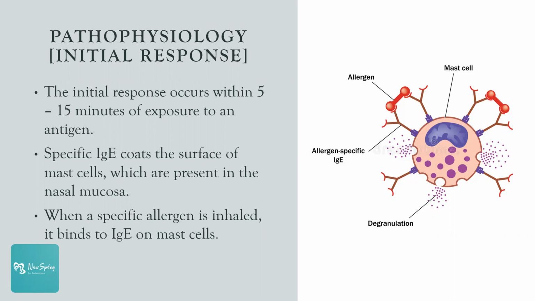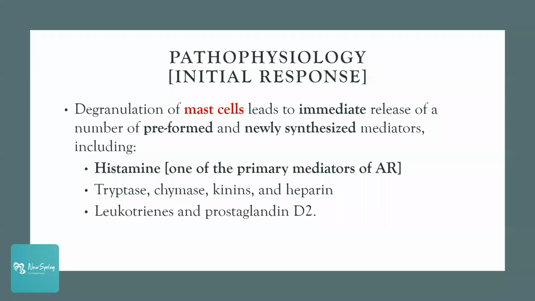So what happens when degranulation occurs? Degranulation of mast cells leads to immediate release of a number of preformed and newly synthesized mediators, including histamine, which is the most important mediator secreted by mast cells in allergic rhinitis. It's followed by tryptase, chymase, kinins, heparin, leukotrienes, and prostaglandin D2.